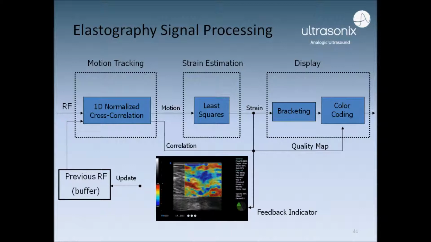This block takes the 1D spatial derivative of the motion by a least squares algorithm. The computed strain is then averaged over a number of frames and color-coded for display. A feedback is also given to the user on the strain quality based on the average correlation between successive RF frames. This slide concludes my discussion of our signal processing pipelines.